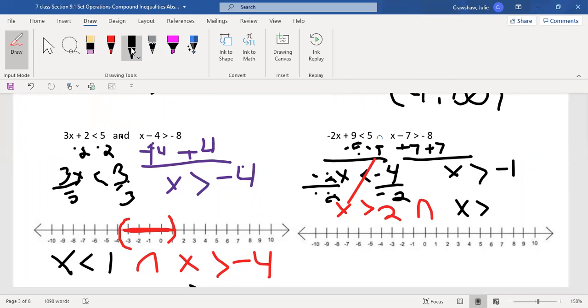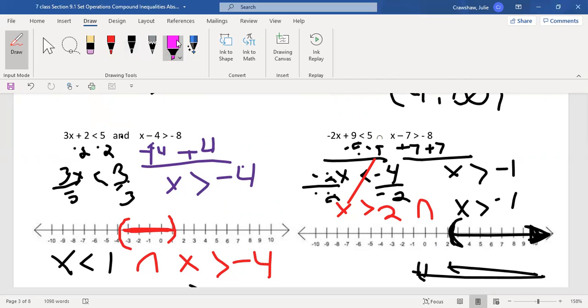So let's see, 2 is right here, and they're both going to be parentheses, and -1 is over here. So where they overlap is going to start at 2, but doesn't include it, and everything to the right. Because when you have the symbol an upside down U, it's intersection, where they overlap.